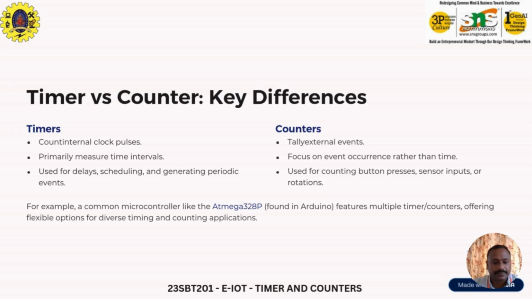Next slide, timer-based counters: key differences. What are the key differences between timers and counters? A timer counts the internal clock pulses. It primarily measures time intervals and is used for delays, scheduling and generating periodic events.